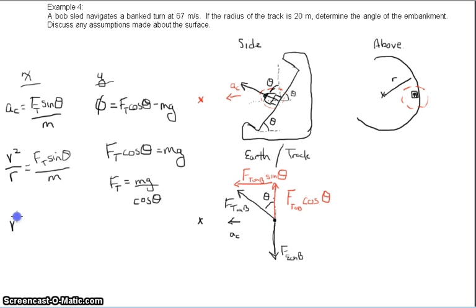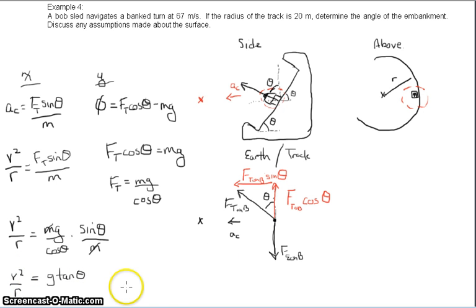I would then have v squared over r is equal to mg divided by cosine of theta times sine of theta divided by m. The m's divide out. Sine over cosine is tangent. So we have g tangent of theta is equal to v squared over r. Well, I need to find what theta is, so I can isolate tangent of theta.